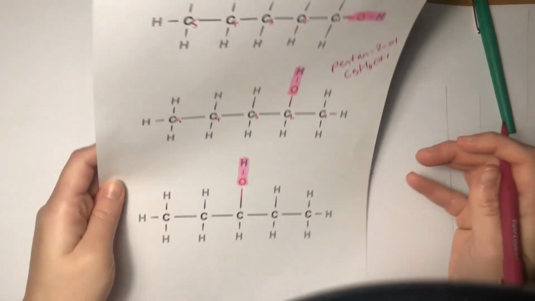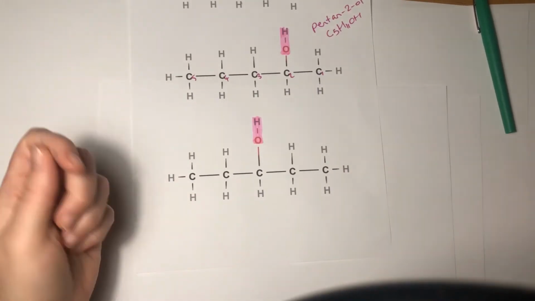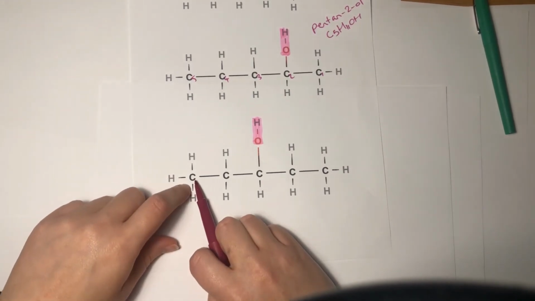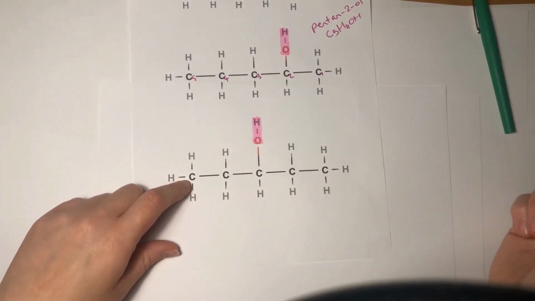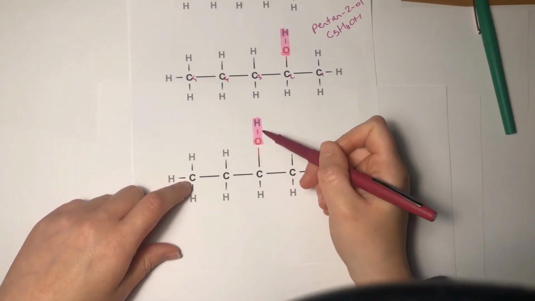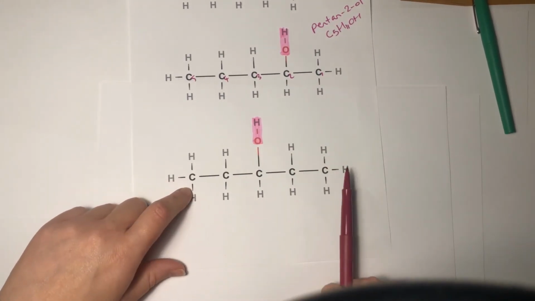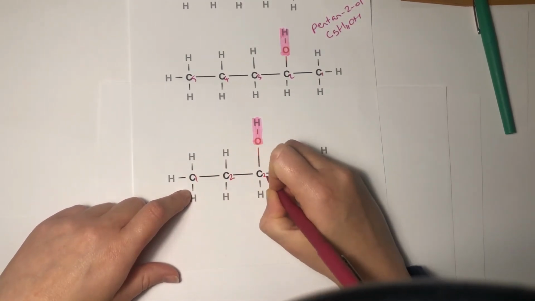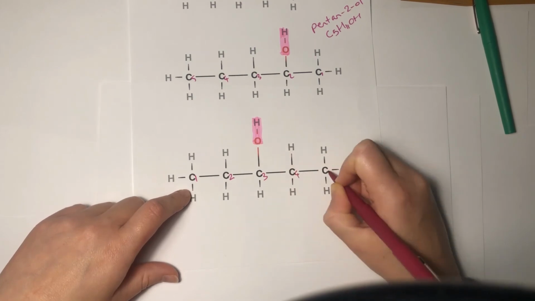Okay. And then the last one here, we've got one more. So numbering the carbons. We always want to do closest to the OH group. Now this OH group is in the middle, so just for something different I'm going to number it from this way.